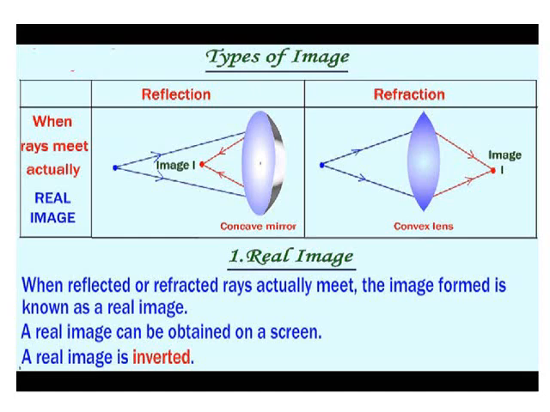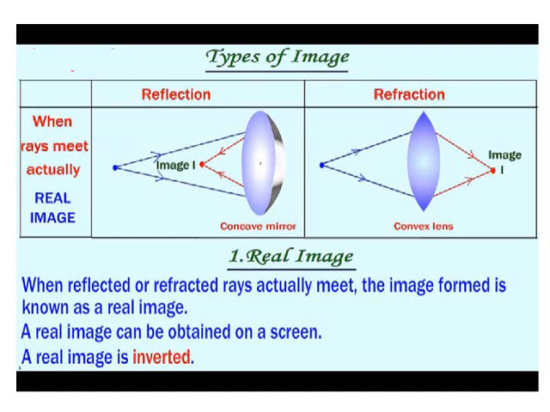So when the reflected or refracted rays actually meet, the image formed is known as a real image. So in the above two cases, the rays of light meet after reflection or refraction. So the image formed is real.